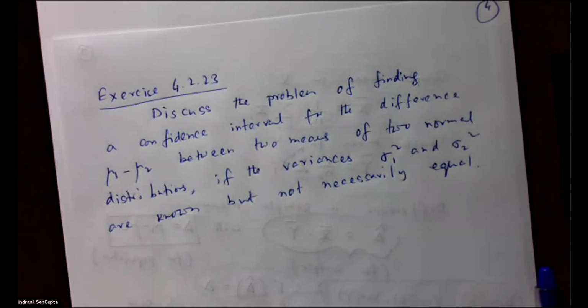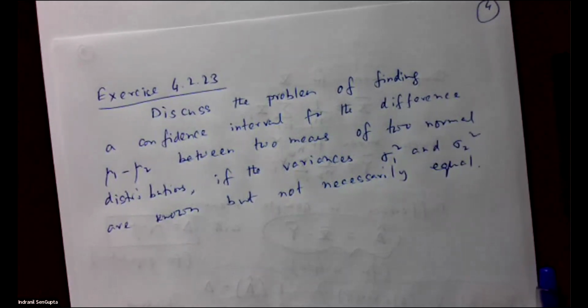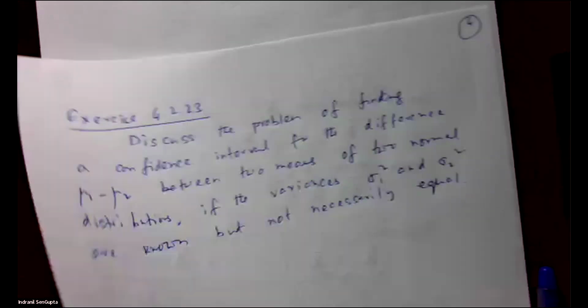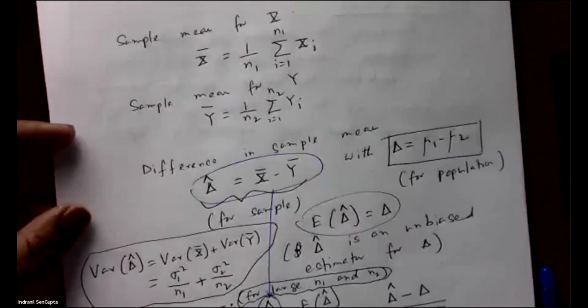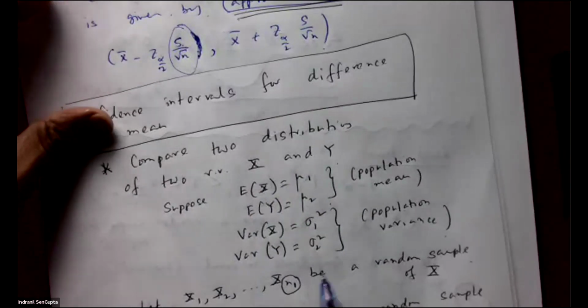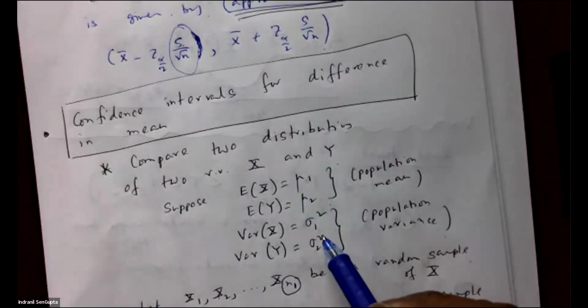Okay, so what is the problem here? We are trying to find the confidence interval of the difference of the means for two normal distributions. What is so special about this one? Remember when we studied the previous problem, the one that I just wrote here, we didn't assume anything about the distribution. We write this mu1 and sigma 1 squared, but they are not necessarily from a normal distribution.